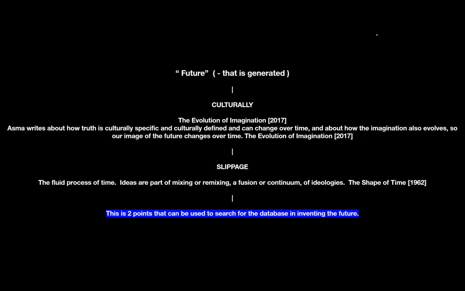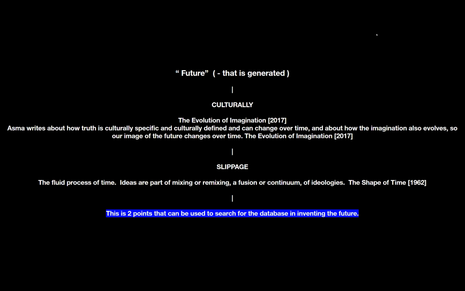On the next slide is digging for a future that is imagined or looking back into history. The world that we are now in is culturally defined. In The Evolution of Imagination, Asma writes about how truth is culturally specific and culturally defined and can change over time, and about how the imagination also evolves.